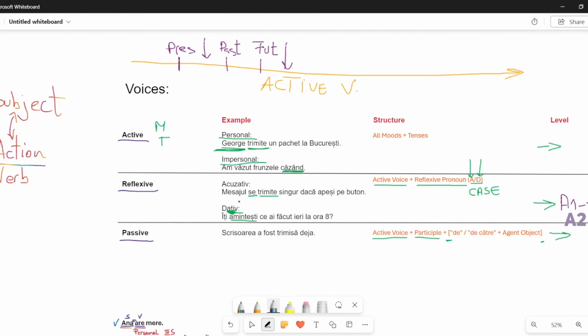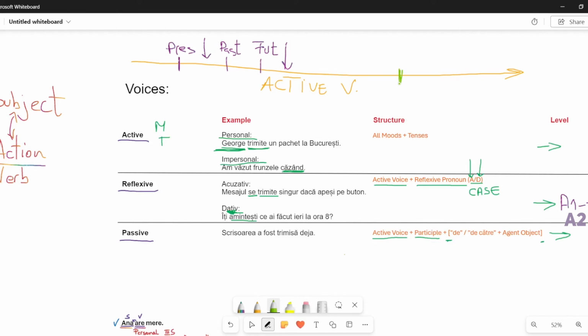However, knowing the dative reflexive, I would say it's an upper A2, early B1 topic, for sure. Now for the passive, I would say this is an intermediate to advanced topic, to be fair, because you will probably want to learn it when you're already comfortable with minimum 2 past tenses.